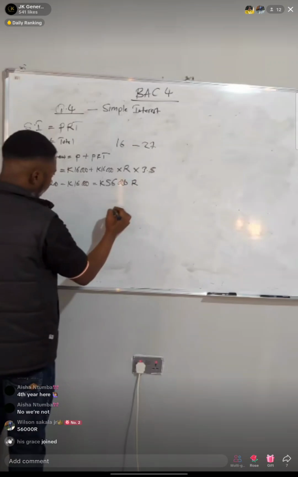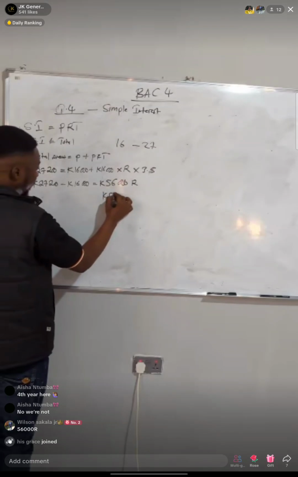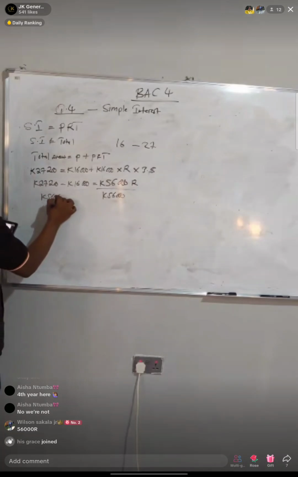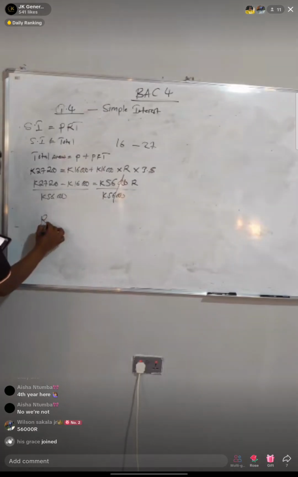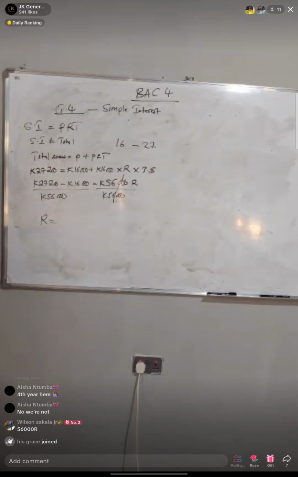So 56R. We're trying to solve for R there, so it will be over 56,000 over 56, in what we call conjugates. R is equal to. So let's divide. Okay, thanks also for confirming.